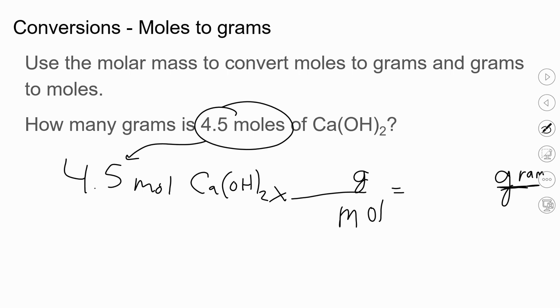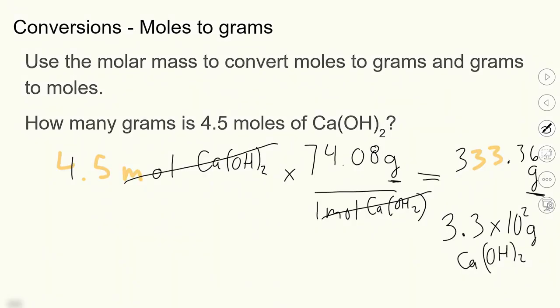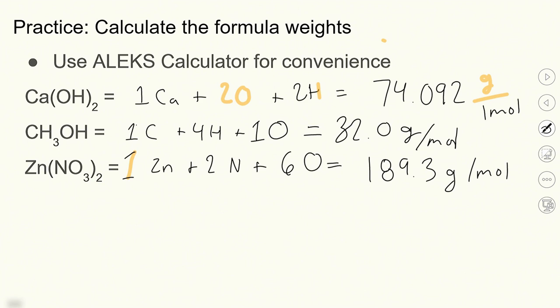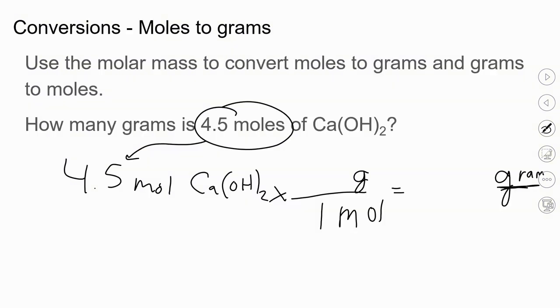Okay. So 1 mole, I need to figure out how many grams. And this was on this previous slide. Oops, wrong direction. So this is the molar mass for calcium hydroxide. It's 74.092. So I'm going to put 74.092. So that's just what we did.